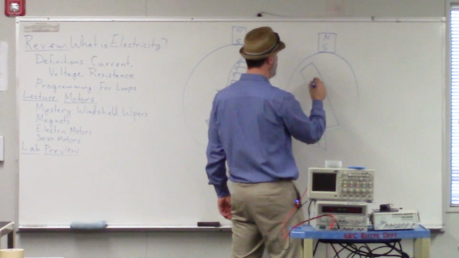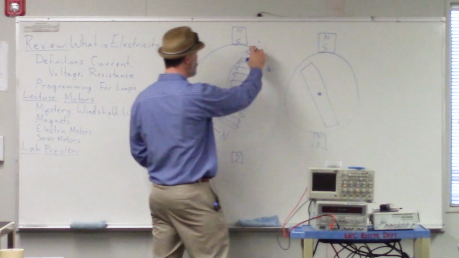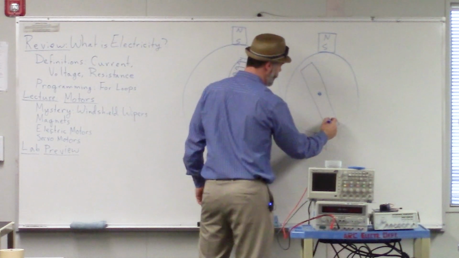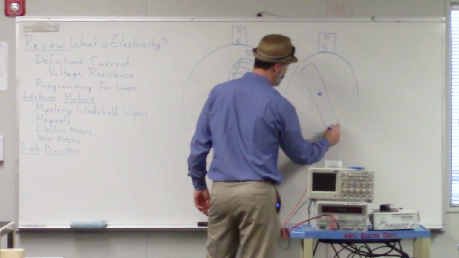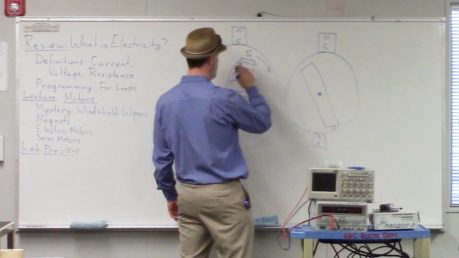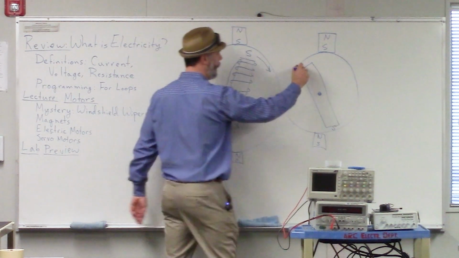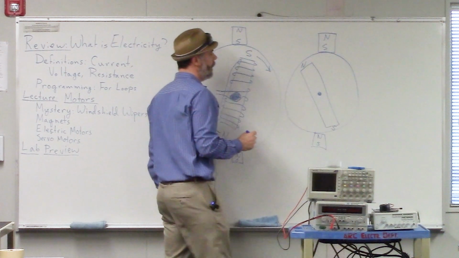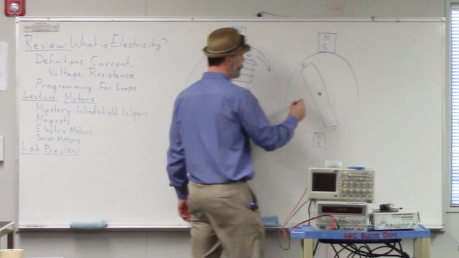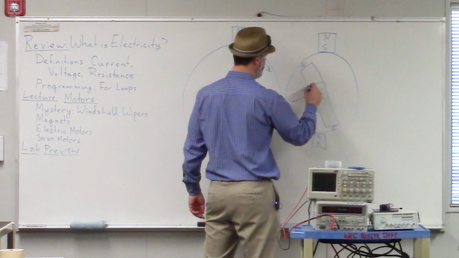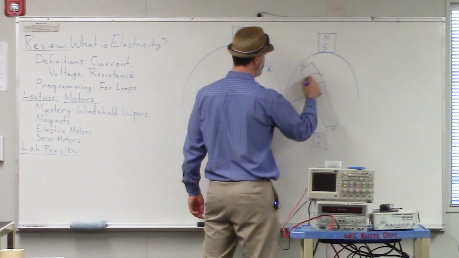So now this south pole that was up here has moved down. So now you have the south pole from the electromagnet down there, and the north pole is now up here. Okay, and this still has the wire wrapped all around it.